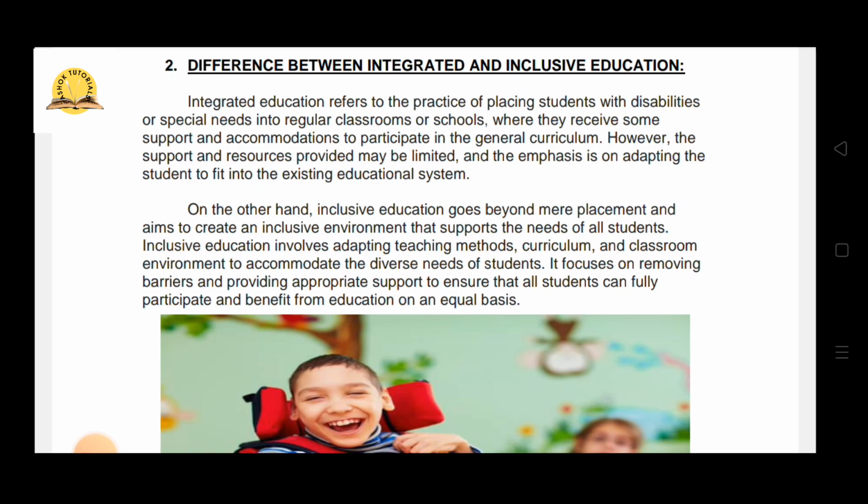So here it says that integrated education refers to the practice of placing students with disabilities or special needs into the regular classroom, which means that, see, basically we have the normal type of schools, right? We don't have many special schools. So what happens when integrated education is provided? It means that different categories of children will study in the same classroom.